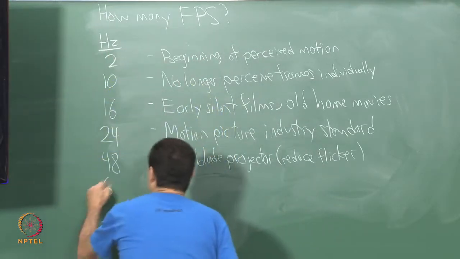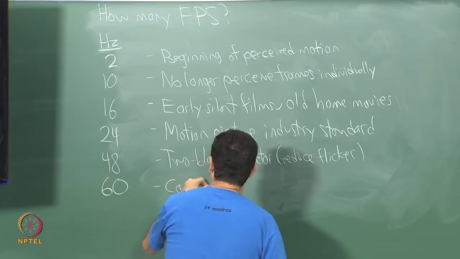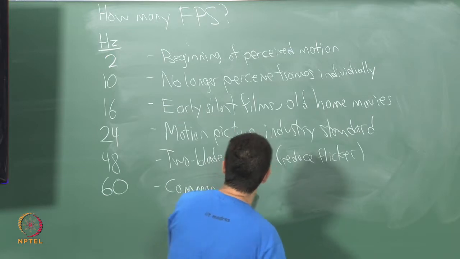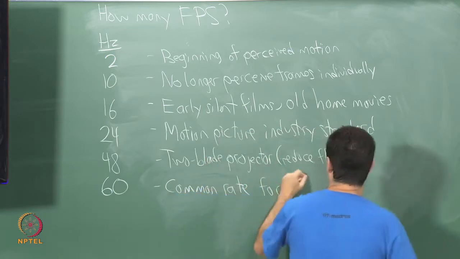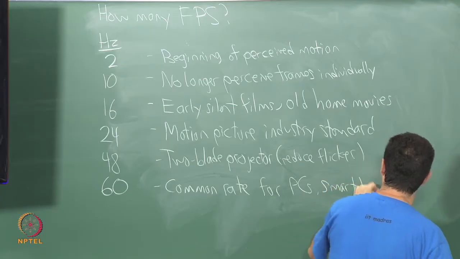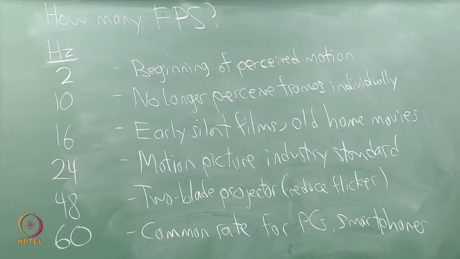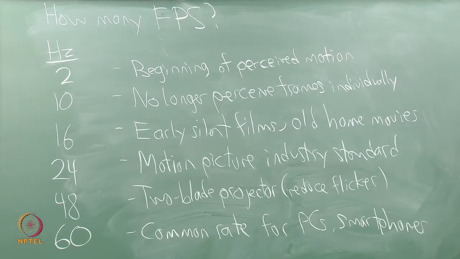If you get up to 60 hertz, that's the most common rate for PCs and smartphones. I guess I skipped over classical television here. What was PAL at?